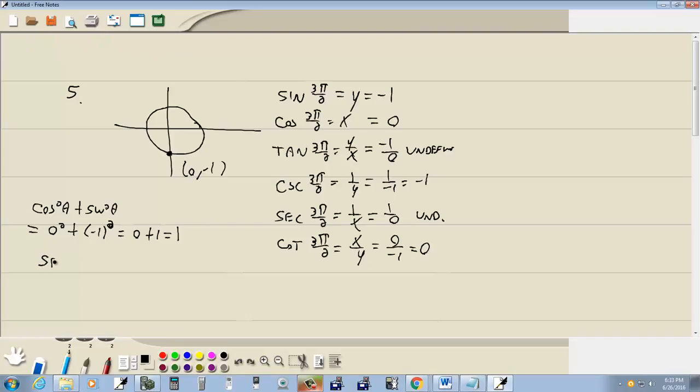Secant squared minus tangent squared, and that's assuming these same values. Now secant we said was undefined, so we got undefined squared minus tangent squared, which is undefined squared. So this is undefined.